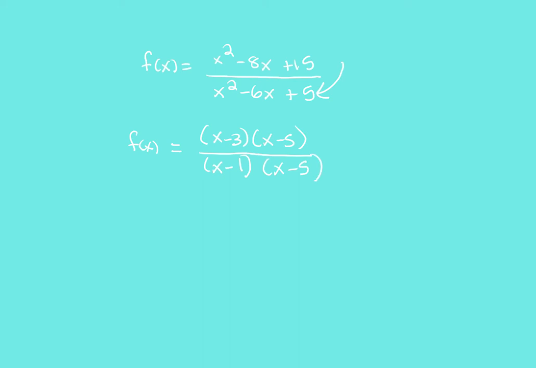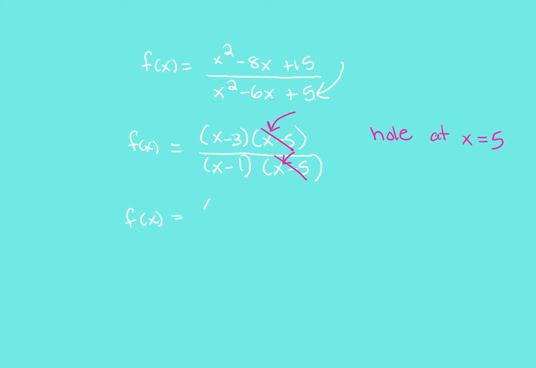So what is going to happen here, because that cancels, there is a hole, and that is at the x value, x equals positive 5, because positive 5 is what is going to create the issue in the denominator. And then if that cancels, we still have more going on in the denominator.